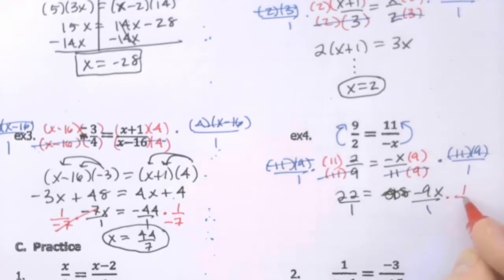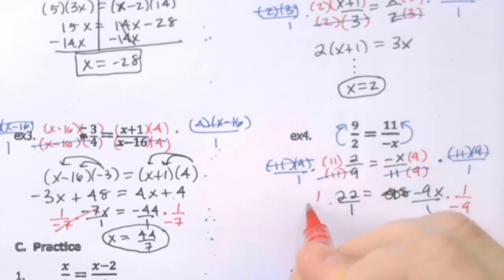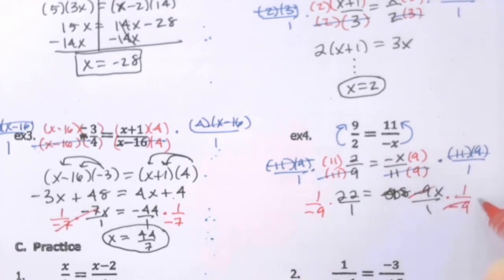We're going to multiply by 1 over negative 9 on both sides. So the 9's cancel. Flip-flop the sides. X equals, and remember a positive divided by a negative is a negative, so it should be negative 22 over 9. Remember, do not end with a negative on the bottom.